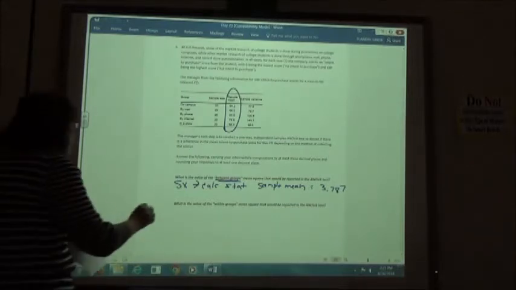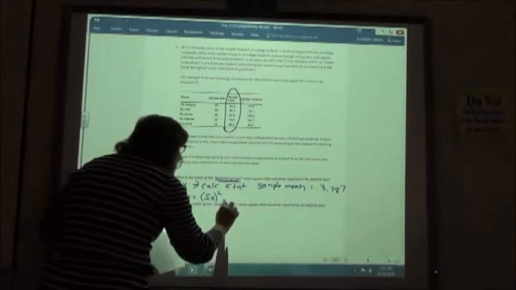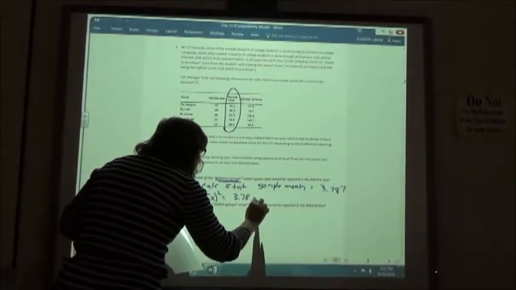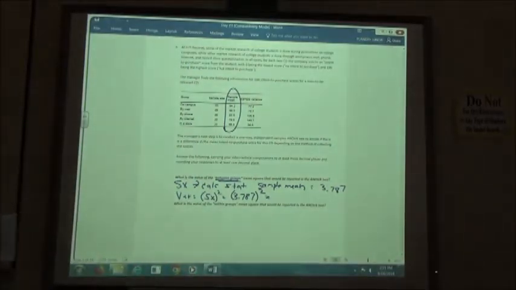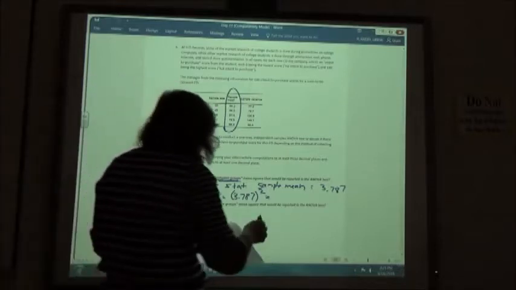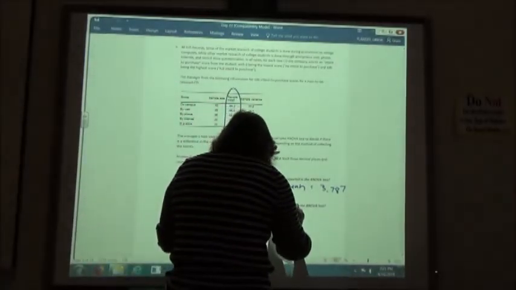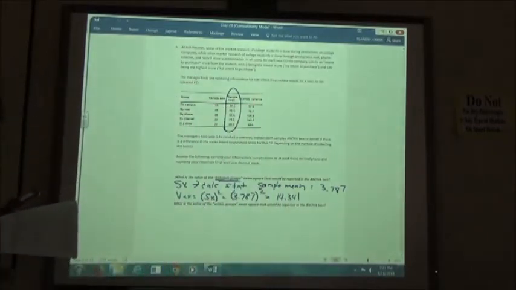My variance is then my S of X squared, so 3.787 squared. Again, second quit gets you back to the screen where you can type that in. 3.787 squared gives me 14.341, rounding that off to 3 decimal places.